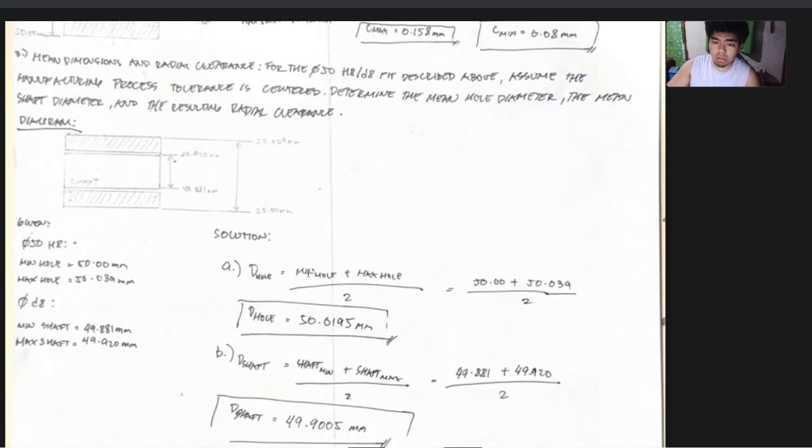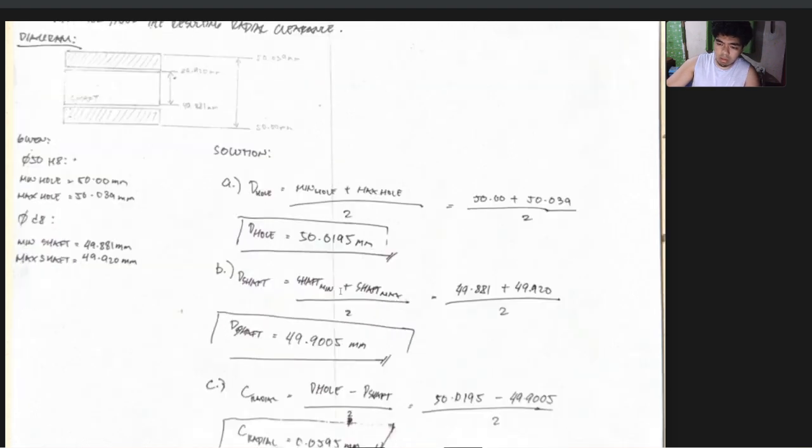To solve for the mean hole diameter, the formula is minimum hole plus maximum hole divided by 2. So 50 plus 50.039 divided by 2, which will be 50.0195 millimeter of mean hole diameter.